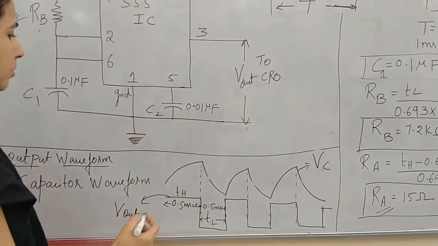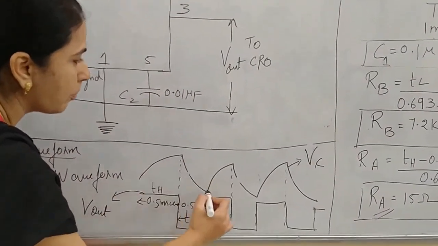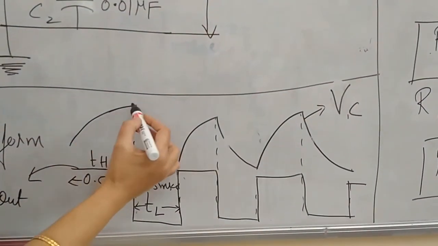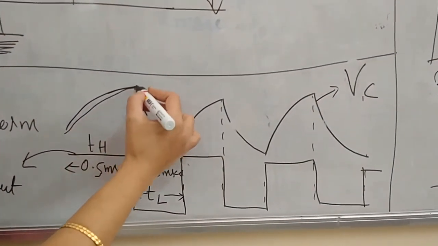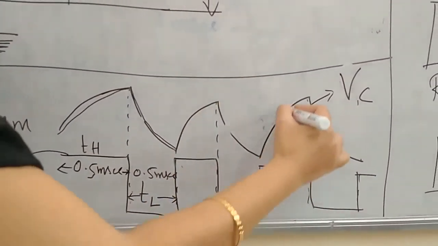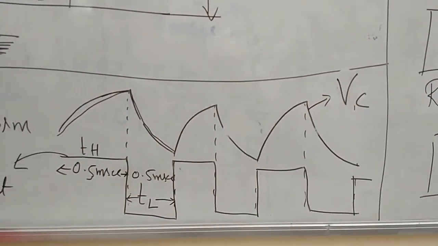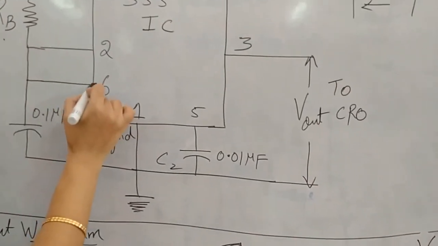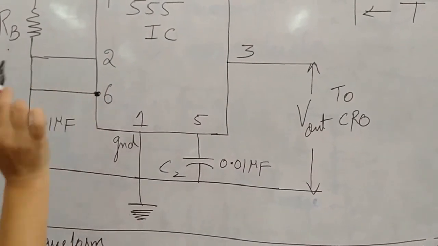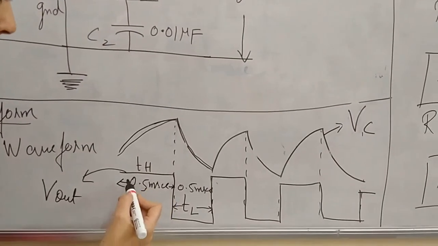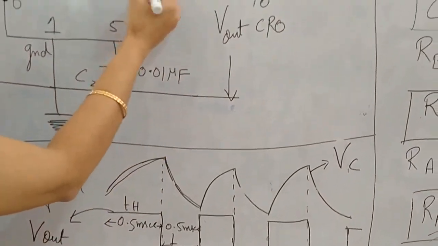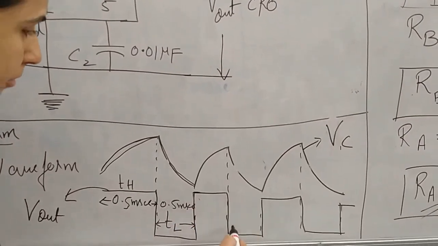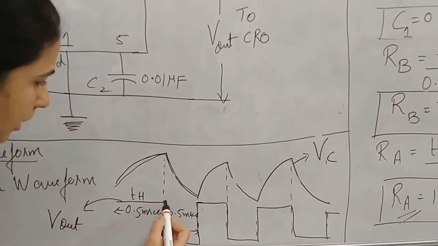The two output waveforms are, one is the capacitor waveform. Capacitor waveform includes charging and discharging, charging and discharging. This type of waveform is called the capacitor waveform, which you can check at the 6th pin, because the capacitor is connected at the 6th pin. We also get another output waveform at the 3rd pin. This is called the output waveform of an oscillator, where it involves oscillation.